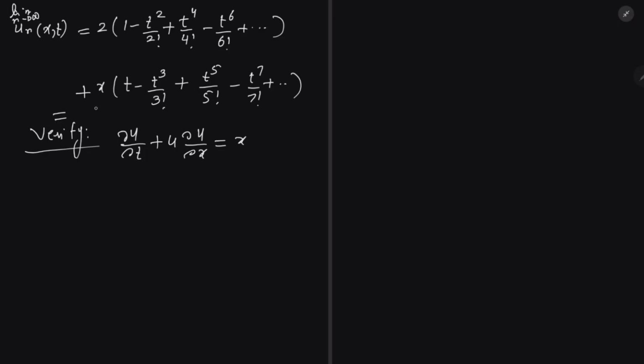The solution is 2 secant hyperbolic t plus x tangent hyperbolic t. Take the left hand side, partial u by partial t plus u partial u by partial x. Take a derivative with respect to t, then take a derivative with respect to x, and when you add it, you get the right hand side. I think you can do it yourself. So this is our solution.